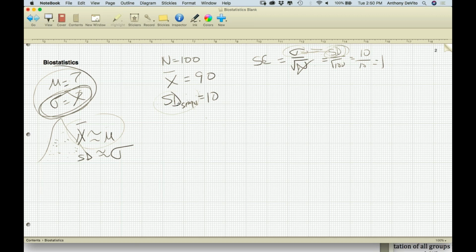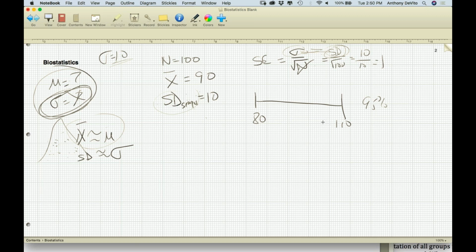So if I knew sigma and I calculated my 95% confidence interval, it was between 80 and 110. And I knew sigma was equal to 10, right? In this case, I don't know that it's really equal to 10, but let's say I knew it was. I calculated my confidence interval using sigma over square root n, and I found it was 80 to 110.